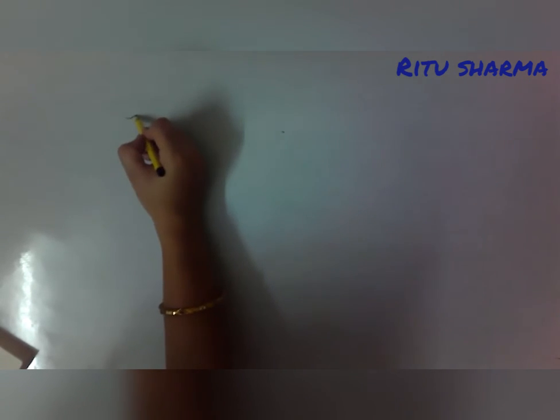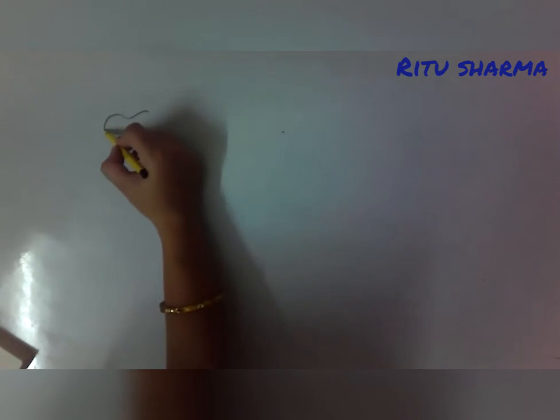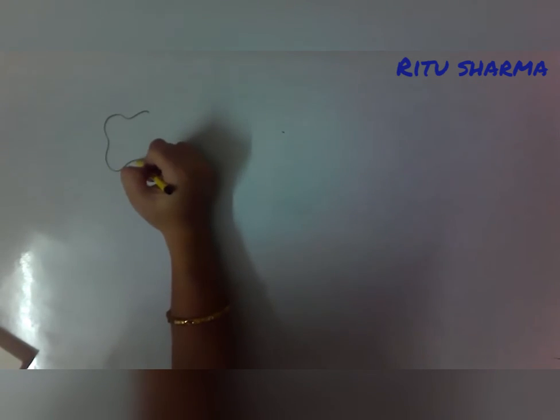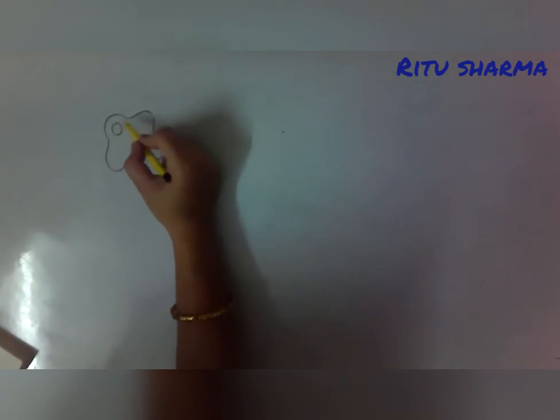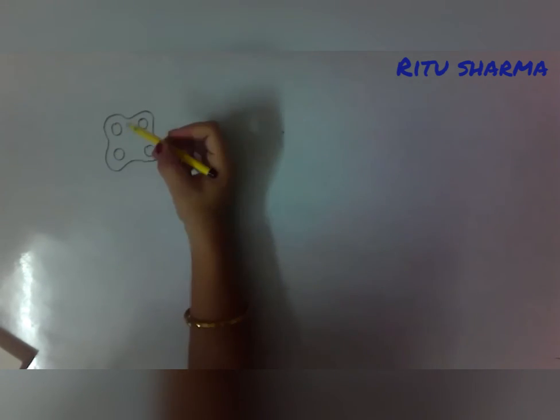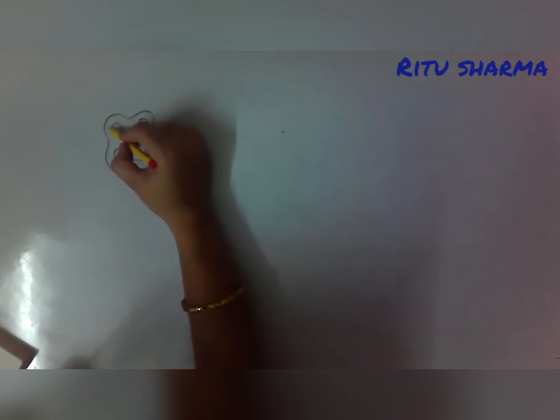See here, it is a ray diagram. Here will be 4 sporangia. First, second, third, fourth. Okay, it will be covered by the tapetum.